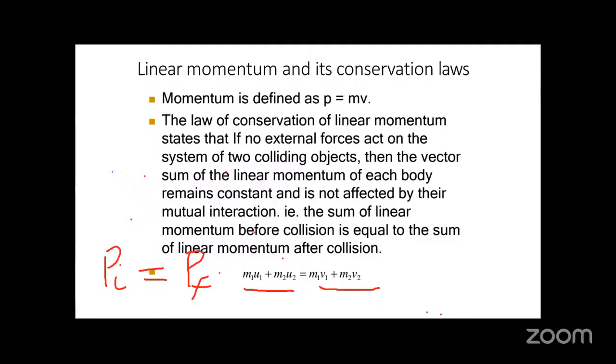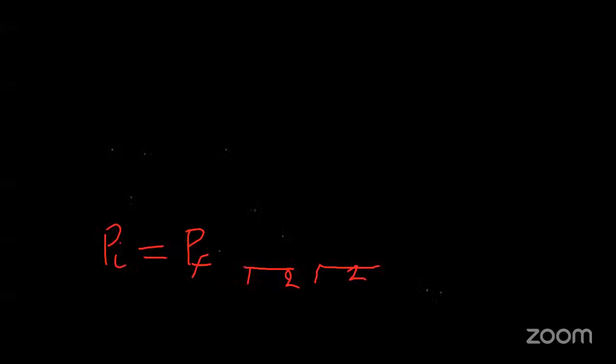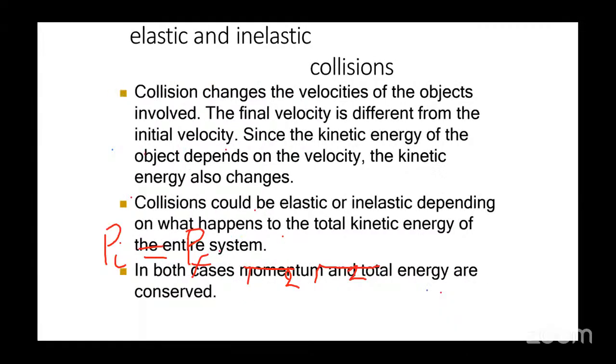So we have M1, U1 for the first body, and then M2, U2 for the second body. That is before collision. And then after collision, the first body will have M1, V1, while the second body will have M2, V2. So that is the law of conservation of linear momentum.